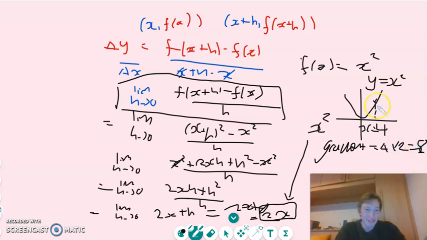So the gradient at that point is 8. So maybe if you can't climb up 8 meters for every 1 meter, then maybe it's too high for you. Maybe the hill's a bit too steep, and that's it. So that's differentiation from first principles.